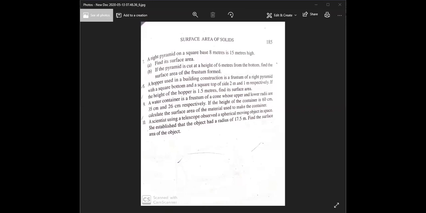Okay, let me see what the example is, and then I'll try to retrieve it. So let's calculate this surface area and then the volume.